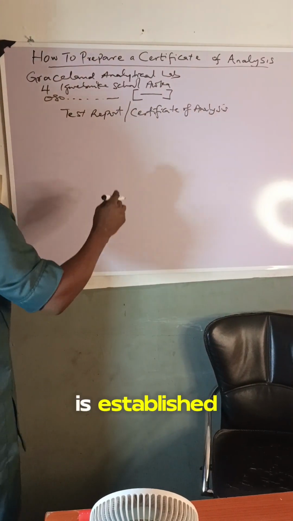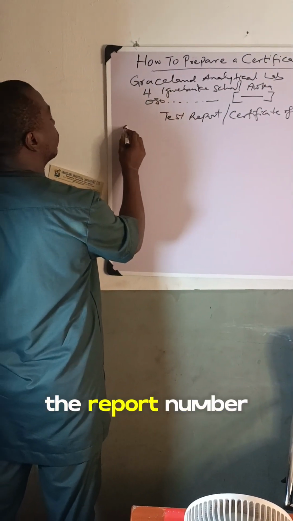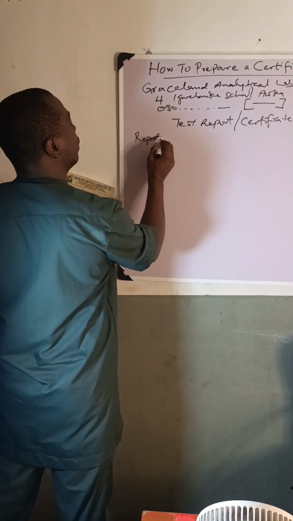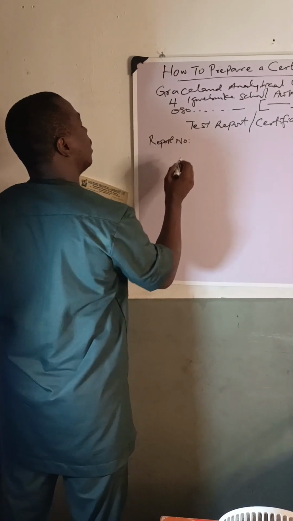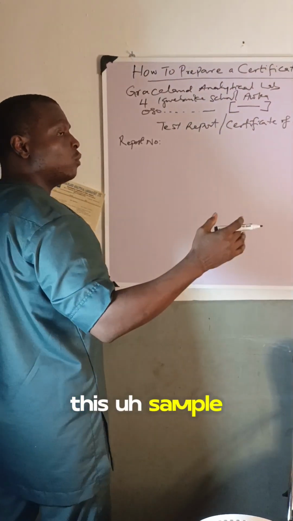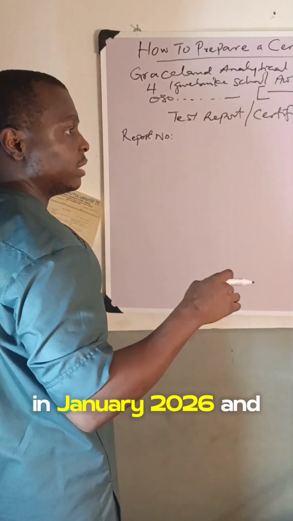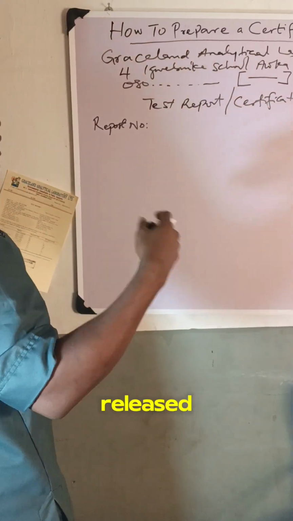Now, after this is established, the next thing that will be stated clearly is the report number. Let's take, for instance, that this sample was received in January 2026, and was analyzed and released.